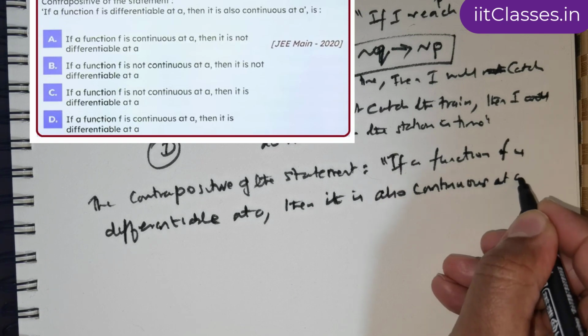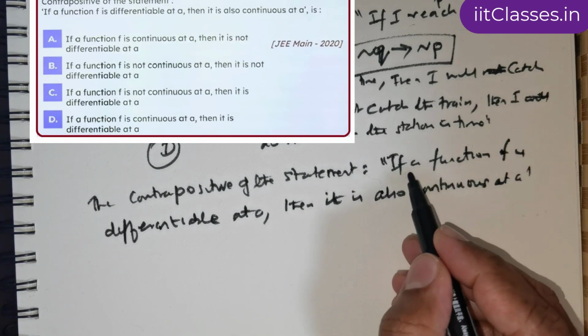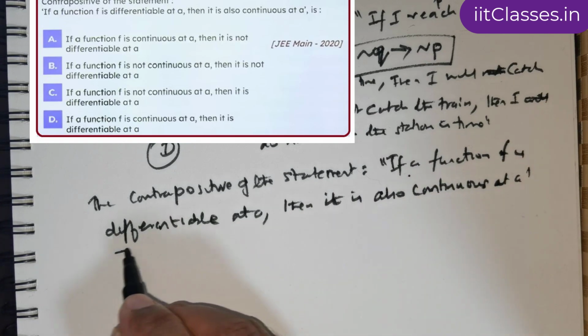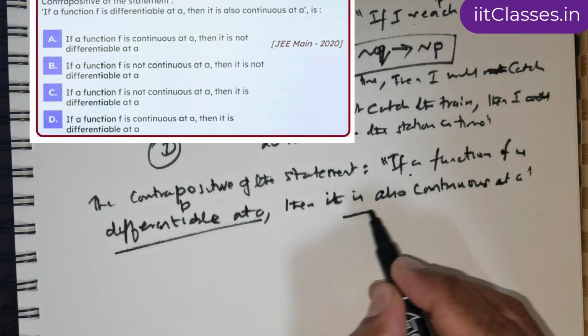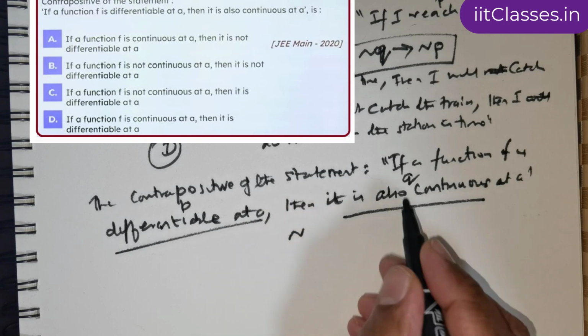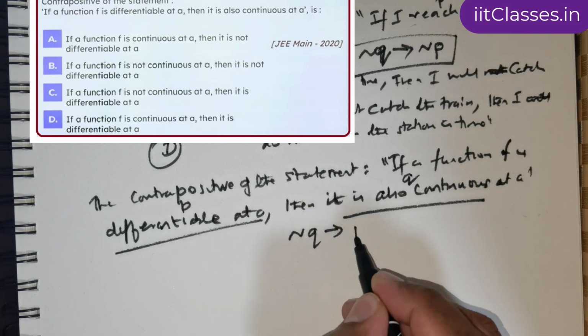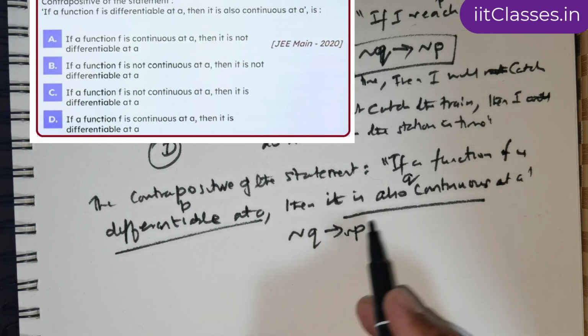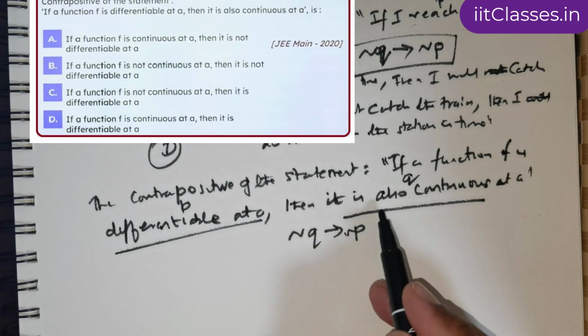at a. Now if I were to take f is differentiable as p and it is continuous at a as q, then we are expected to obtain the negation of q conditional negation of p. So the negation of q in this case is going to be the function is not continuous.